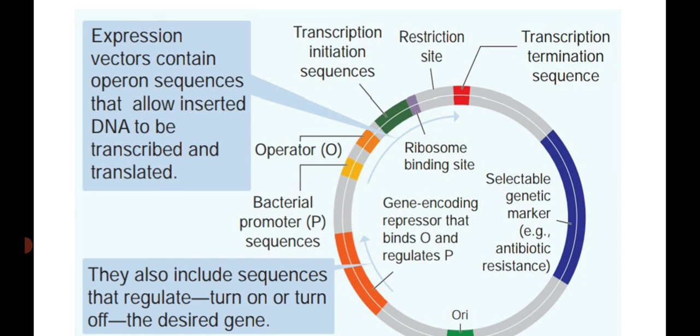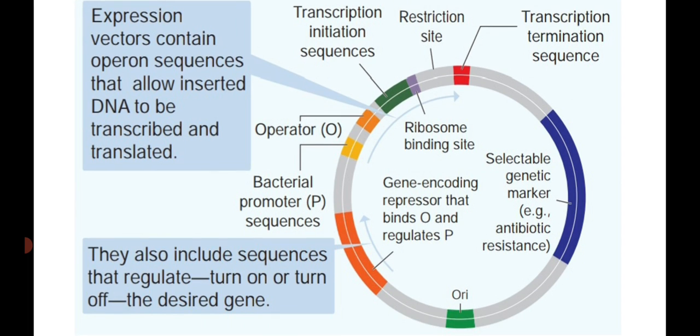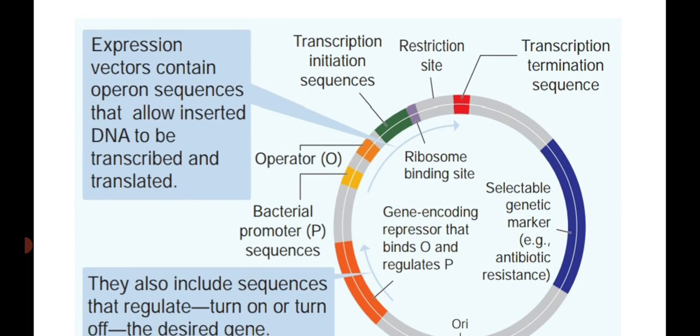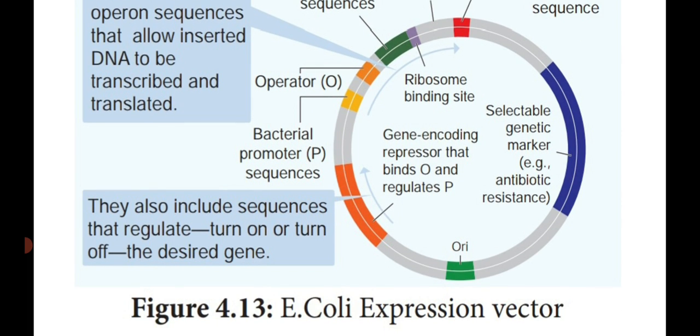So see, the orange color region is known as the operator sequence, which inserts the DNA molecule inside the vector and makes the DNA undergo transcription and translation. Then the bacterial promoter sequence is also there, P. That is the yellow color region. So promoter and operator are also present.